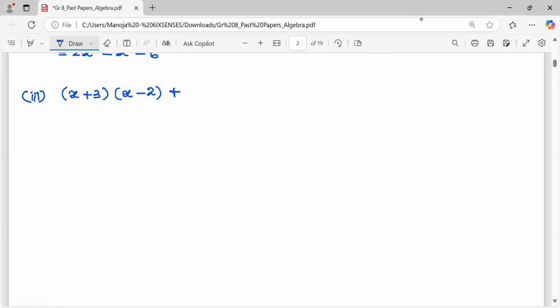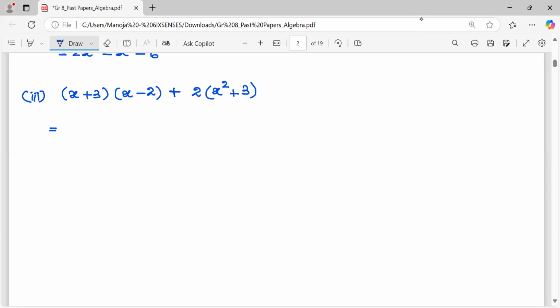The first component and the second component. So those two components are segregated by this plus sign. Then I have 2 times the bracket x squared plus 3. What I should do when I have this kind of question is simplify the brackets separately, the first portion and the second portion.